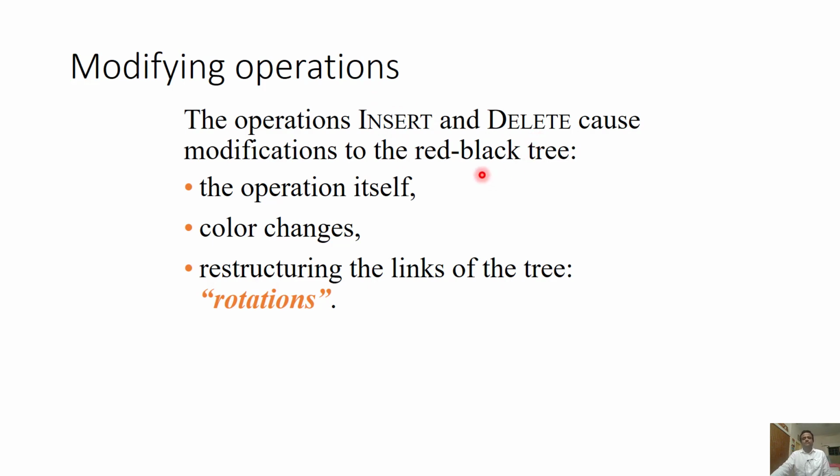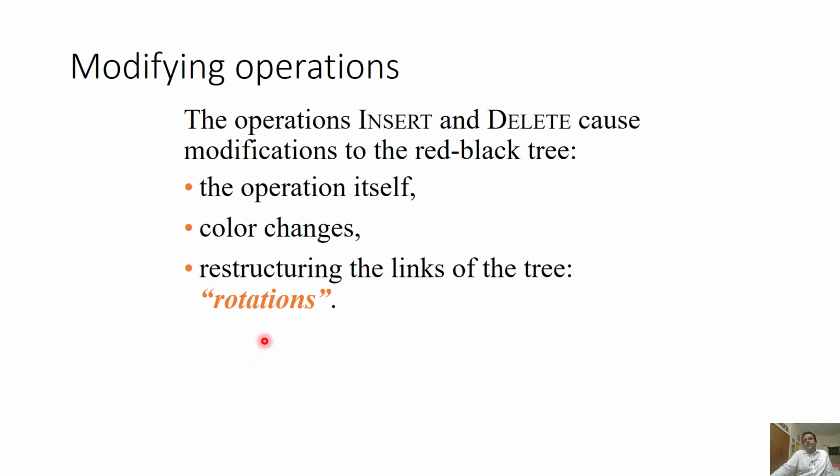For both operations we have to do this type of modification in the red black tree. That means we have to insert a node in the red black tree for insert, and we may have to change the color of the nodes to make it a red black tree again.